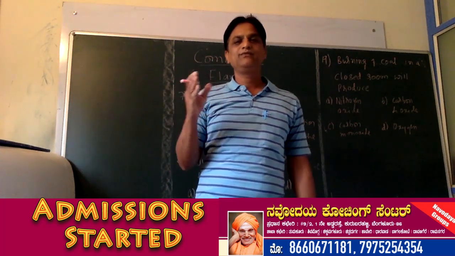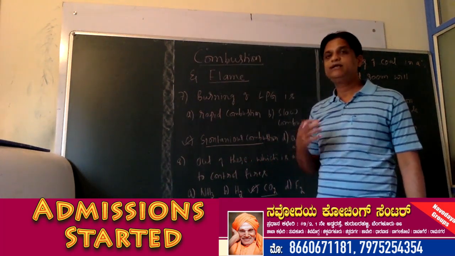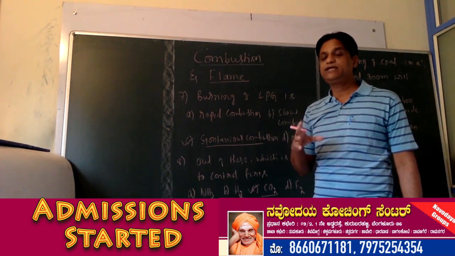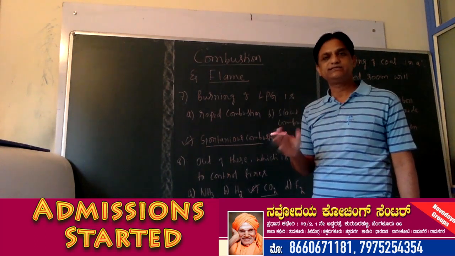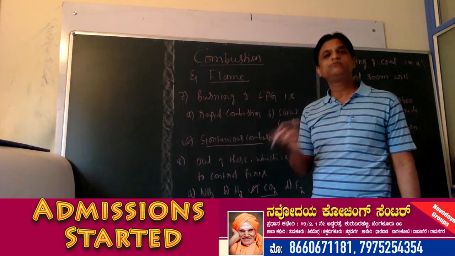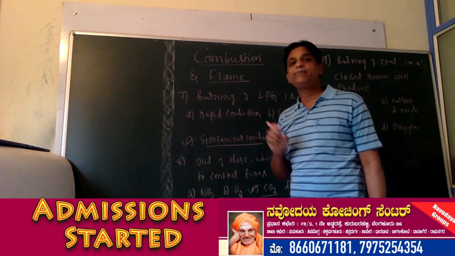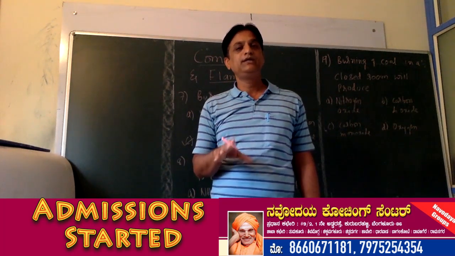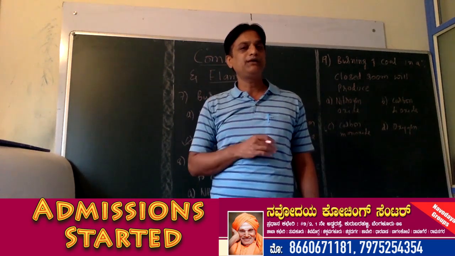That's why whenever we use any combustible substance containing carbon, it should not be burnt in a closed room because it can produce carbon monoxide, and carbon monoxide is highly poisonous. If carbon monoxide is inhaled, it can lead to the formation of carboxyhemoglobin in the blood, which reduces the oxygen carrying capacity. That's why it is not advisable to burn fuels where there is no proper ventilation.